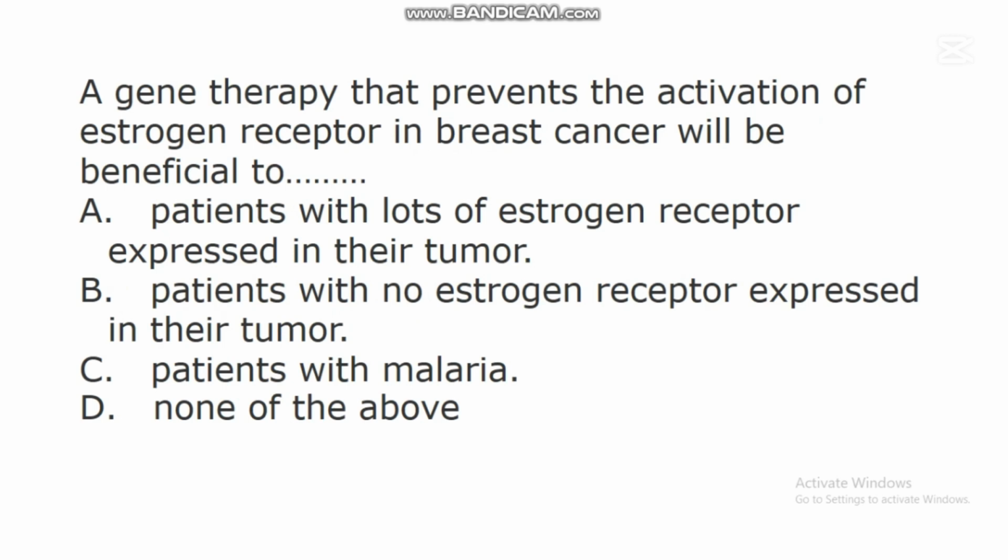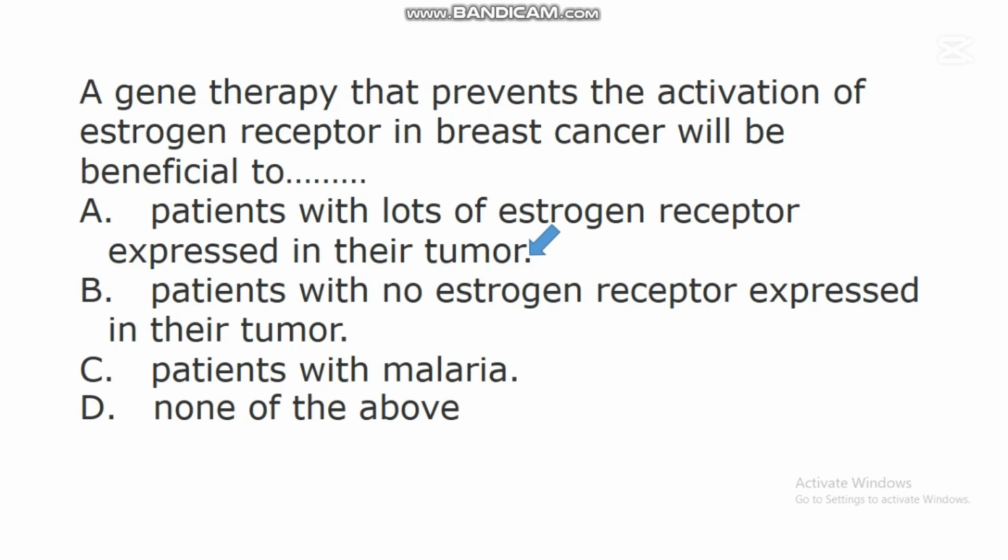B. Patients with no estrogen receptor expressed in their tumor. C. Patients with malaria. D. None of the above. In this question, the correct answer is A. Patients with lots of estrogen receptor expressed in their tumor.